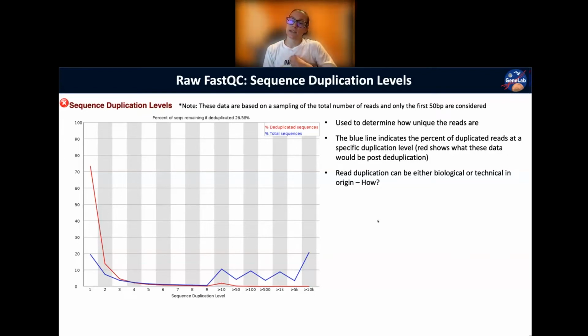We can also get technical duplicates. There's a few ways you get technical duplicates. I went over some of them. Does anybody remember how we can get technical duplicates? So not originating from biology. Anyone remember?